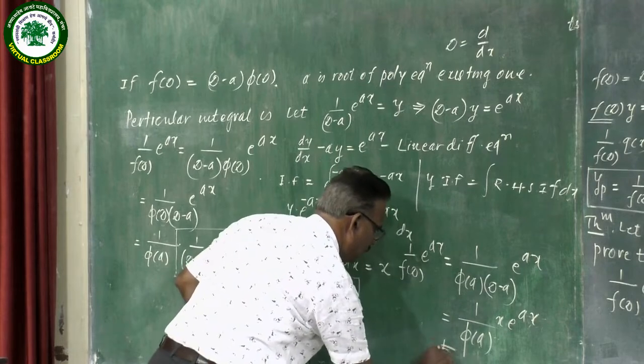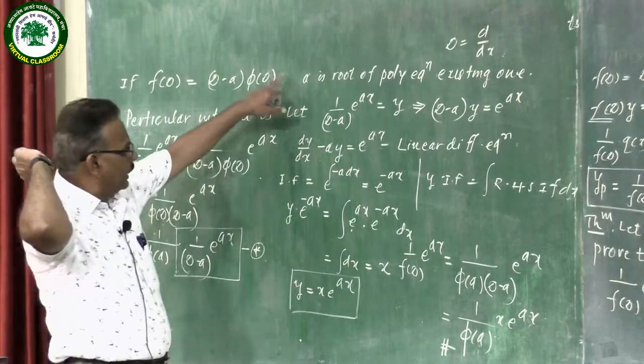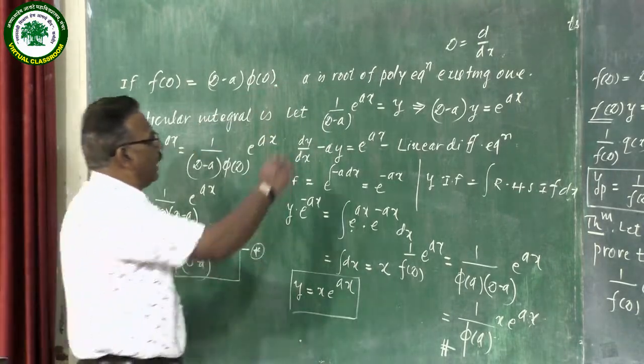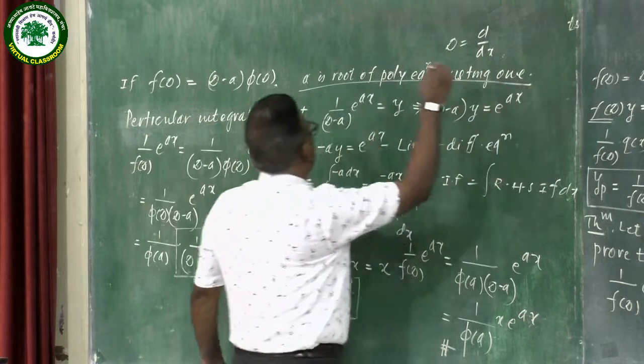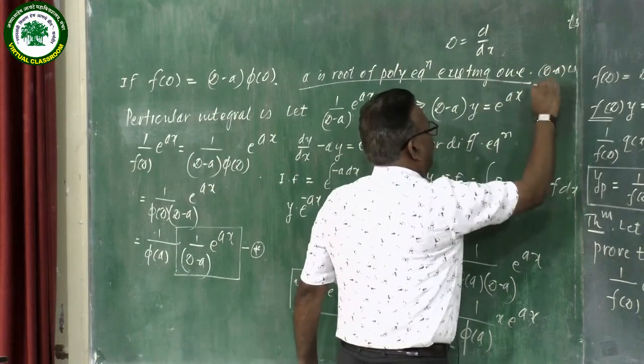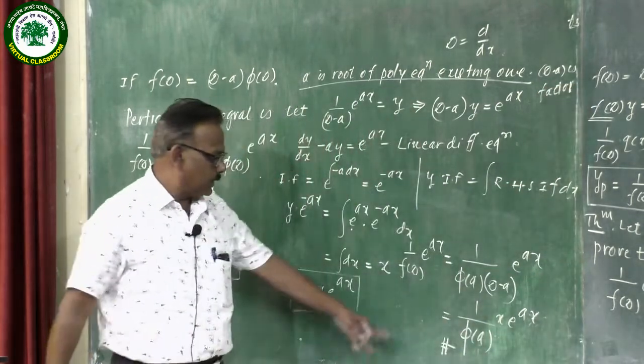This is your solution when the factor D − a is singly existing, that means D − a is a factor, and while you are taking D − a as a factor, this is its solution.